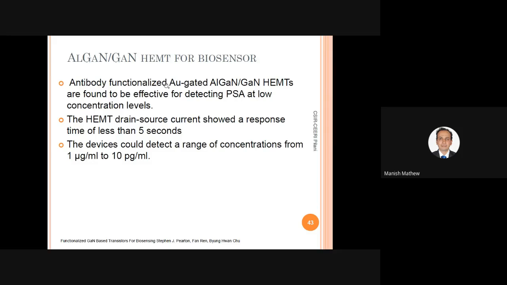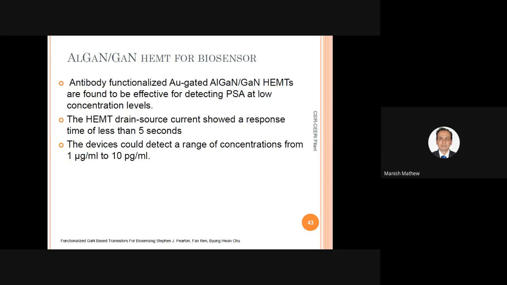So first the antibody functionalization is done on a gold gated AlGaN HEMT device, and this is very effective for detecting PSA at a low concentration level. The HEMT drain source current shows a response time of less than 5 seconds, very fast. So within the first seconds, you can know whether the person has cancer or not.